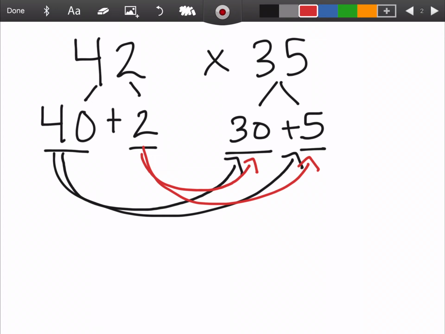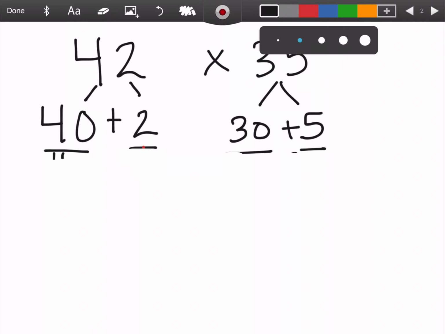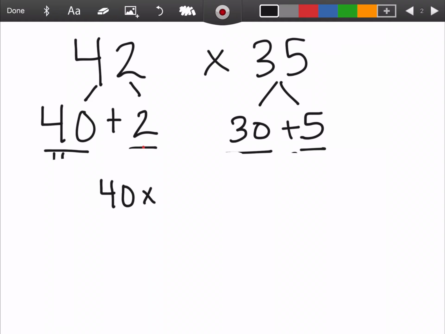So just like when we set up the other multiplication problems from the past few days, you can line them up. And so you think of this as 40 times 30. And then you can think of it as 40 times 5.